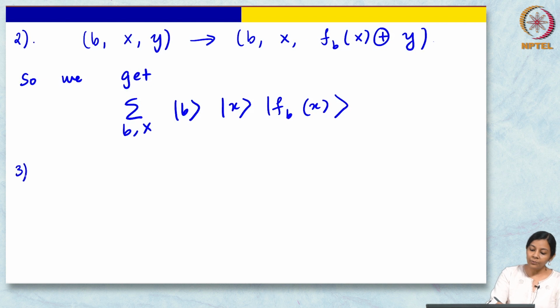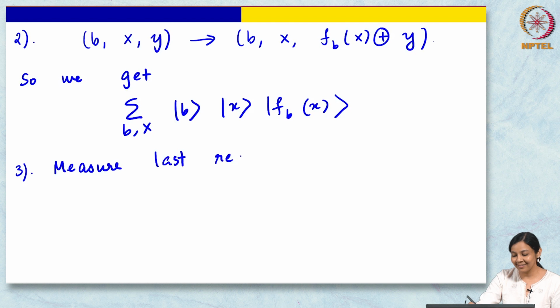If I want a superposition over the claws, one of those keywords was indeed correct: measure the last register. If I measure the last register, f_b(x) will collapse to some y, and then I will get a summation over x0 and x1 such that f0(x0) is equal to f1(x1).